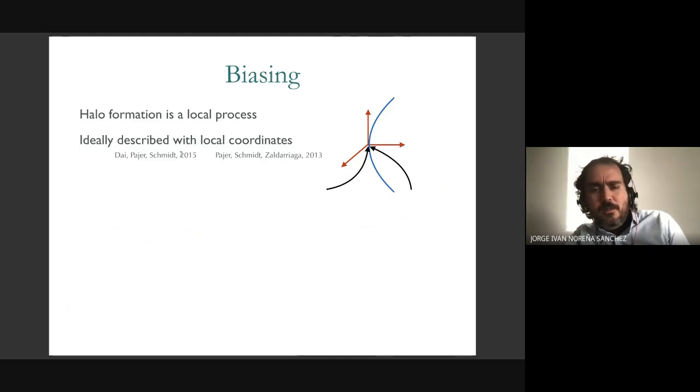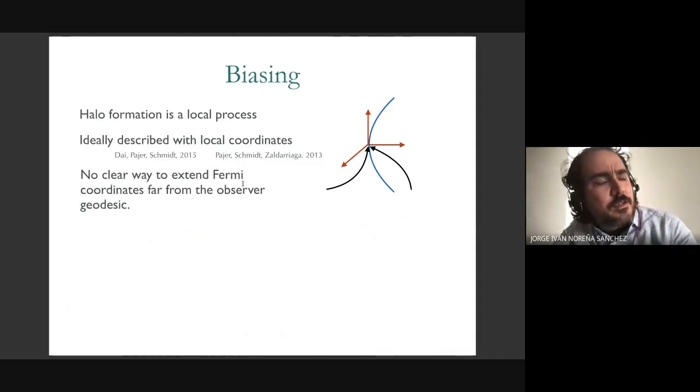So ideally, one would describe this with local coordinates, but it's not very clear. I don't know of any explicit calculation that extends these Fermi coordinates, or these local coordinates, very far from the observer geodesic, such that you can compute correlation functions, for example, of mildly squeezed triangles. For very squeezed triangles, this can be very useful because you can consider the coupling with a very long wavelength mode.